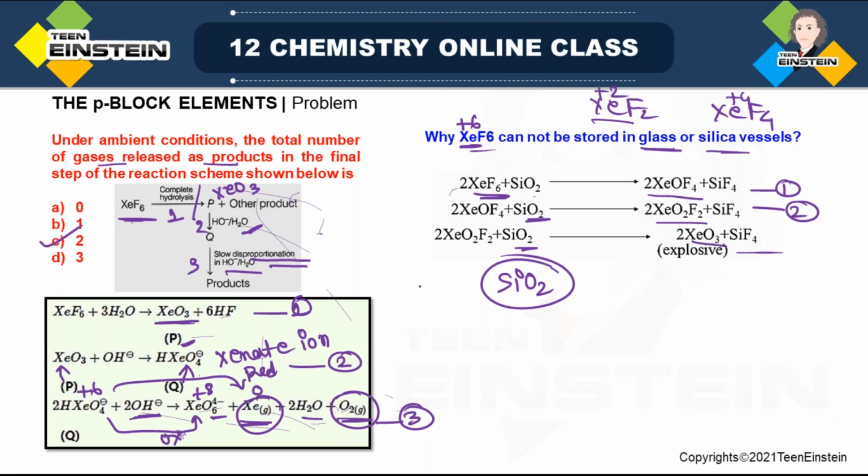So that is why you can store these two, but not XeF6. This is the reason. Any doubt in these two problems? No. And here remember the first problem is an integer type problem. It is a specific category because you are getting some numbers.